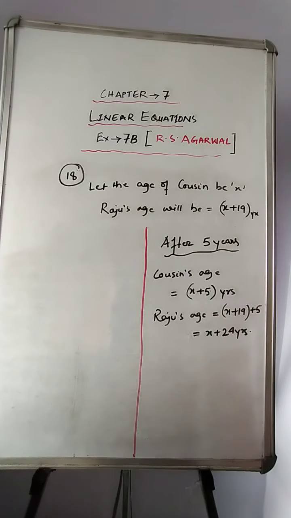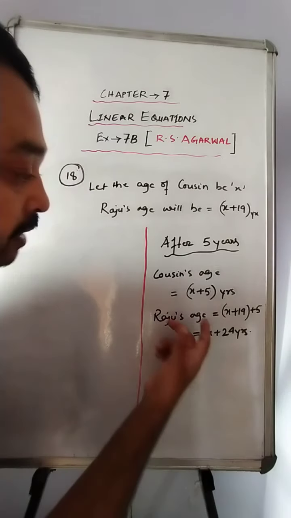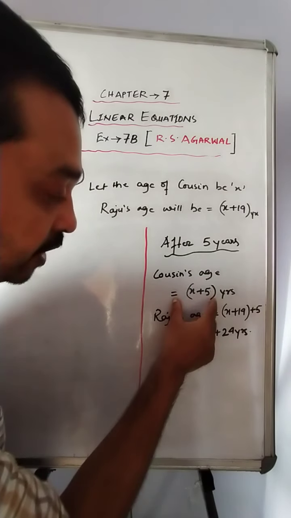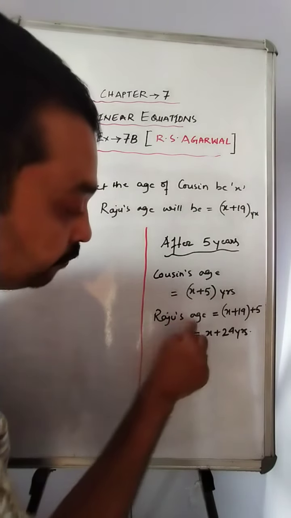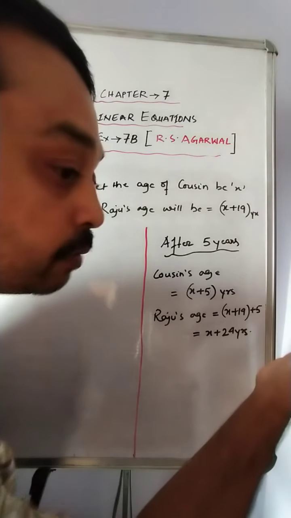Now in the next part of the question they have said their ages will be in the ratio 2:3. According to the problem, the age of the cousin after 5 years by the age of Raju after 5 years will be equal to 2:3.